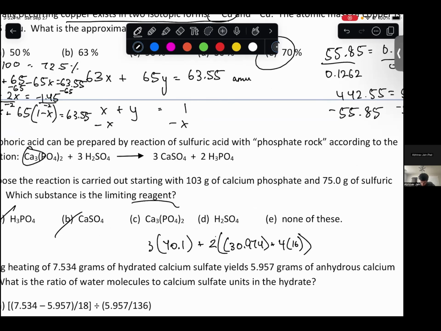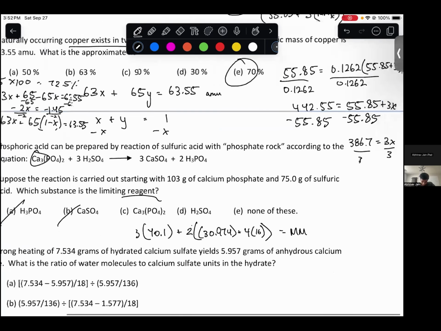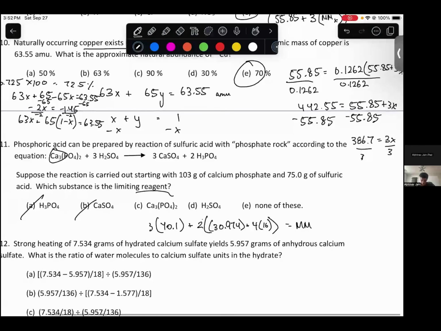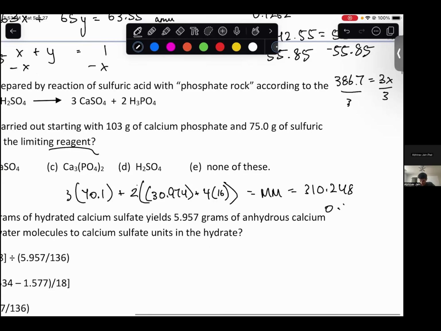That gives me the molar mass for calcium phosphate. So 30.974 plus 64 times 2 plus the calcium molar mass we calculated, which is 120.3 in total. That's going to be 310.248. So if you have 103 divided by 310.48, that means we have 0.33 moles of calcium phosphate to start with.